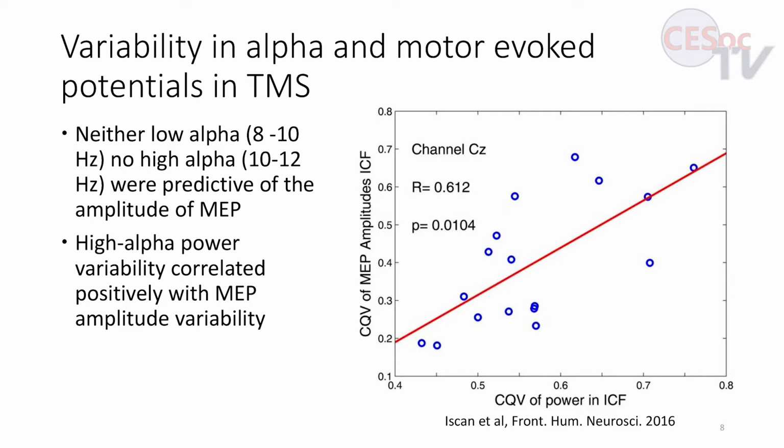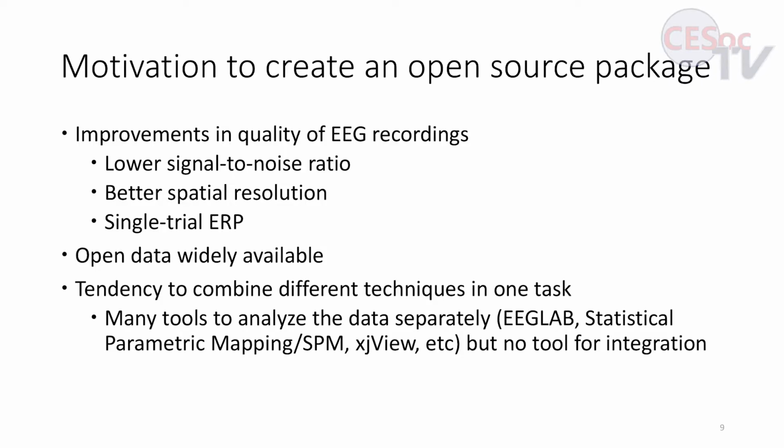And interestingly enough, the power of oscillations themselves did not predict this variability of motor evoked potential, but the variability within high alpha power was correlated with motor evoked potential's amplitude variability. So you can see that there are very different studies that are linking different post-stimulus reaction to very different pre-stimulus characteristics.